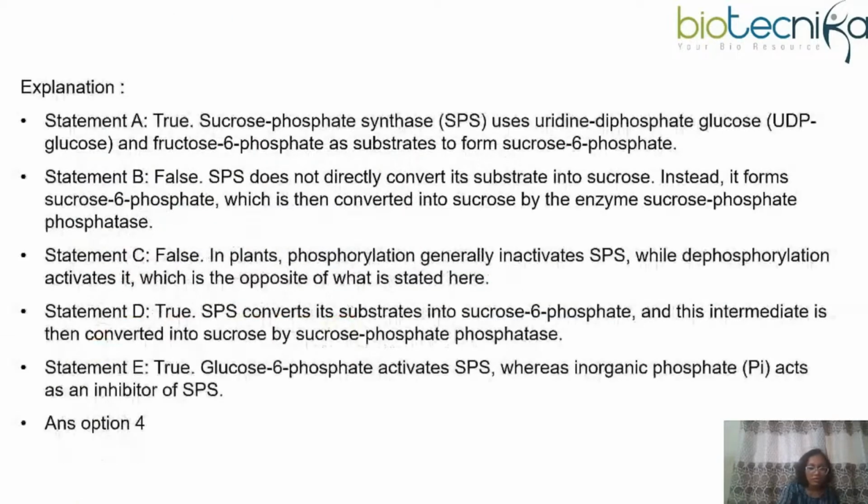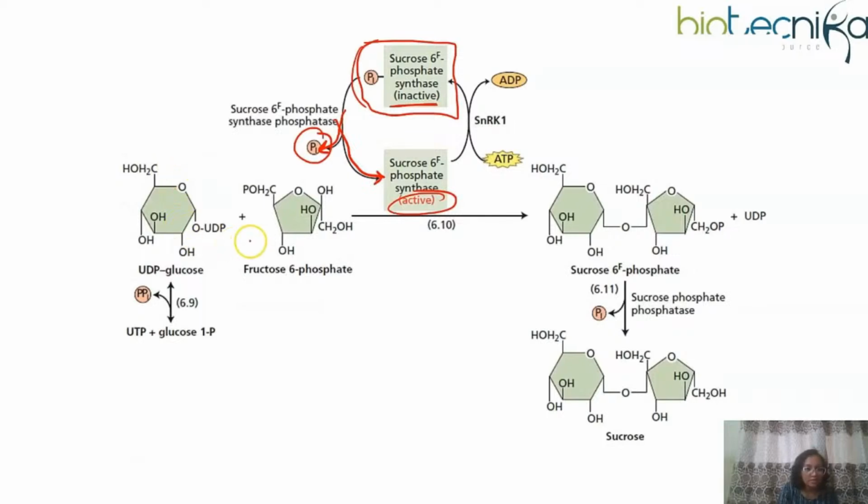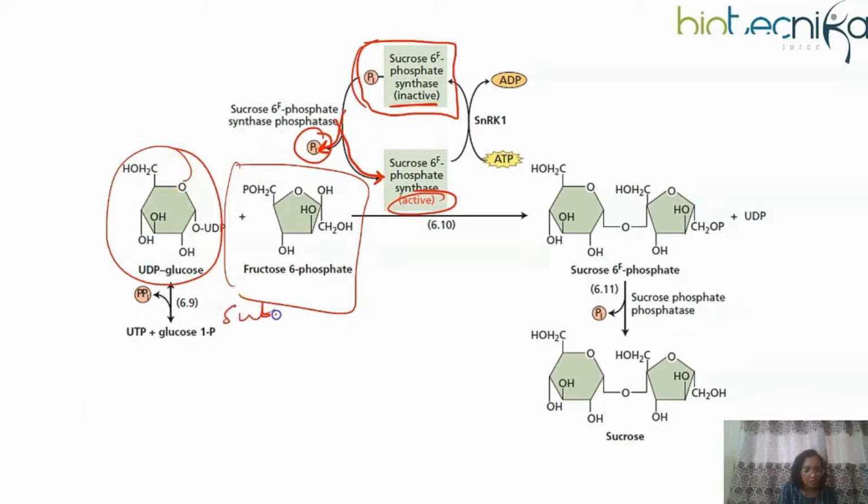Now glucose 6-phosphate can be easily converted to fructose 6-phosphate or it can be converted to UDP glucose. So these are substrates. High levels of glucose 6-phosphate mean more substrates, more conversion to the product. So glucose 6-phosphate actually promotes SPS.